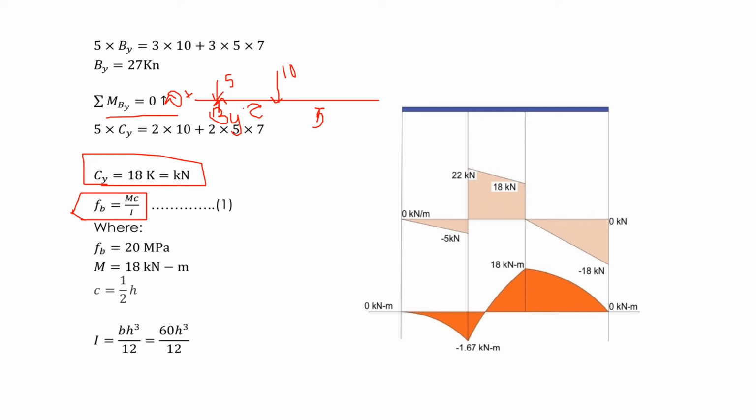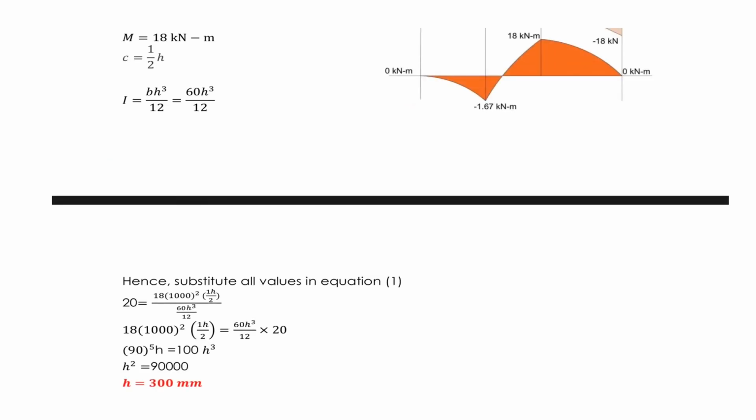So I equal to bh cube over 12 equal to b h cube over 12. So we substitute in equation 1. So we end up with h square 90,000 and h is 300 millimeter for this diagram.